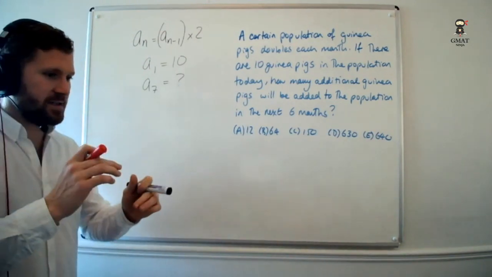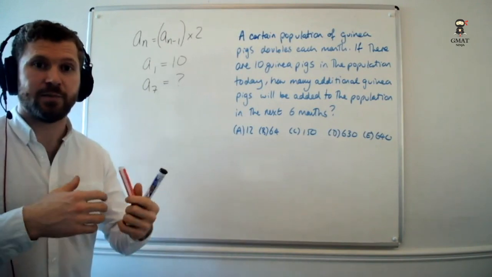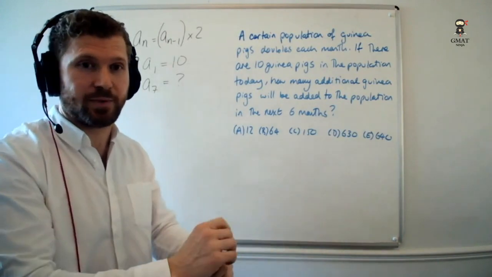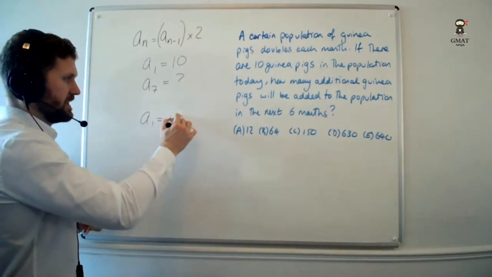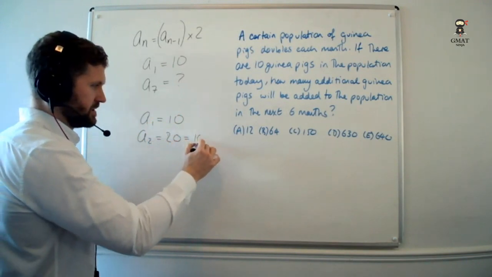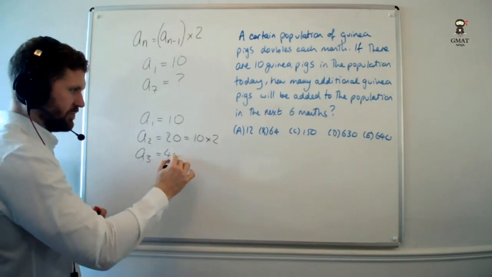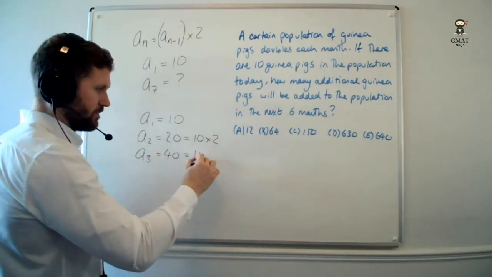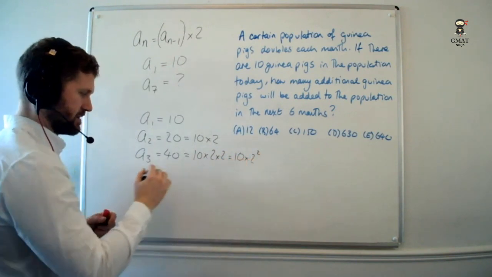So in a similar way to last time, I'm going to look at a couple of terms. We're going to build this pattern up and then see how it applies to these questions. So we'll start with 10. Then the next term, we double it, which is 10 times 2. The next term would be 40, which is 10 times 2 times 2, or 10 times 2 squared.